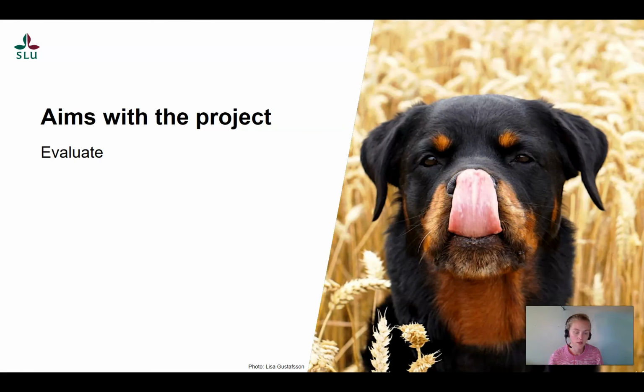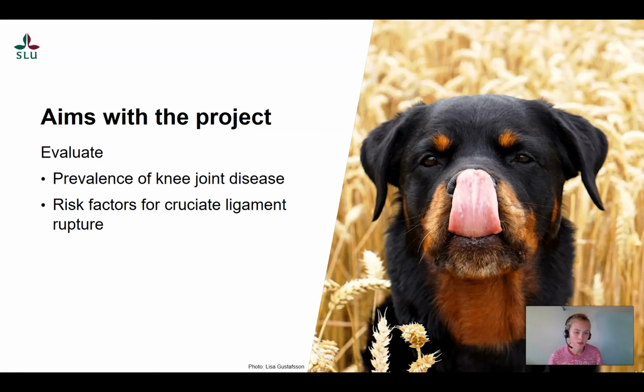The aims of my project are to evaluate the prevalence of knee joint disease, which means to evaluate how common the different diseases are here in Sweden. We also want to evaluate risk factors for knee joint disease in general, but specifically for cruciate ligament rupture, as this is generally the most common knee joint disorder.